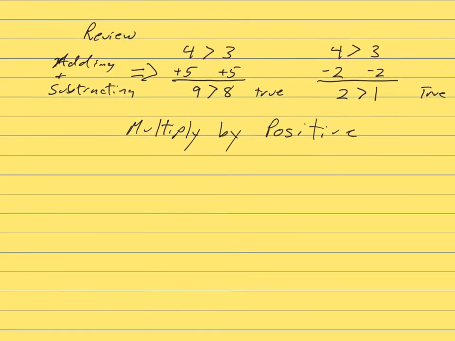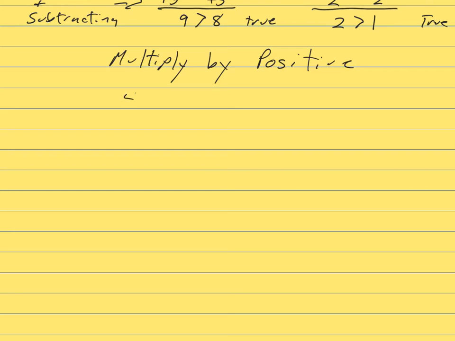So let's go ahead and start with our 4 is greater than 3. And we'll notice that if I multiply, let's take some random number, it doesn't really matter what it is, but a positive number like 5, if I multiply both sides by 5, I'll find that the inequality is still true.